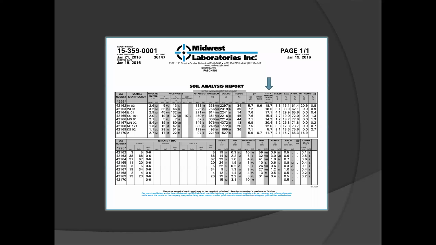So looking at the cation exchange capacity, you have a lot of variance and difference in that. A higher CEC soil will hold more nutrients than a low CEC soil. And it kind of gives us a guide of what levels to look for.